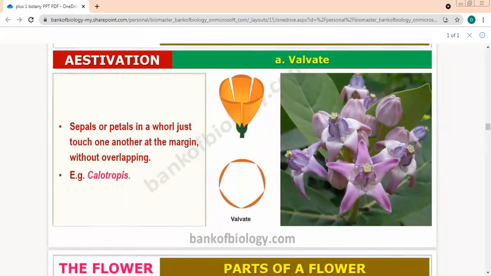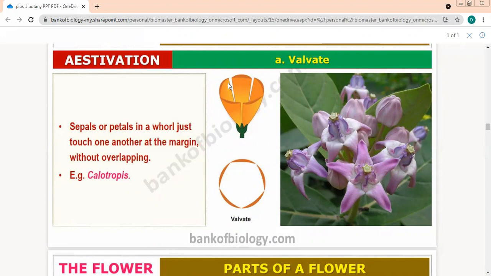Sepals or petals in a whorl just touch one another at the margins, but they do not overlap. These could be sepals or petals, anything. This is one petal, this is the other petal. They touch at the margins, but there is a gap between them. This shows that they will not overlap each other.